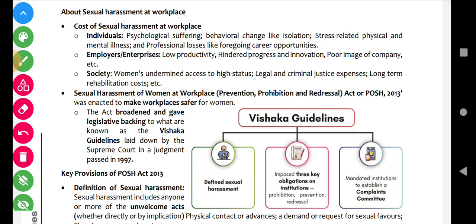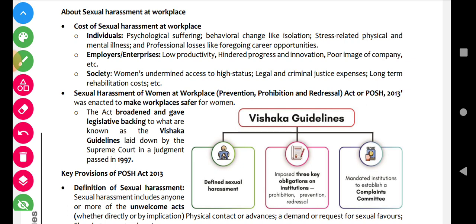The Act broadened and gave legislative backing to what are known as the Vishaka Guidelines laid down by the Supreme Court in a judgment passed in 1997. So these are the Vishaka Guidelines laid down by the Supreme Court.